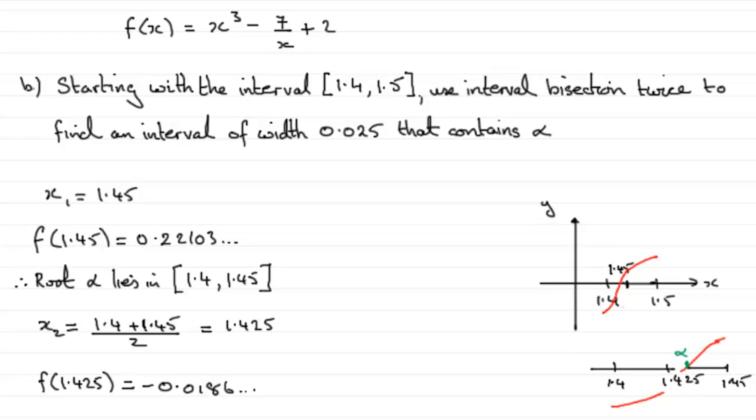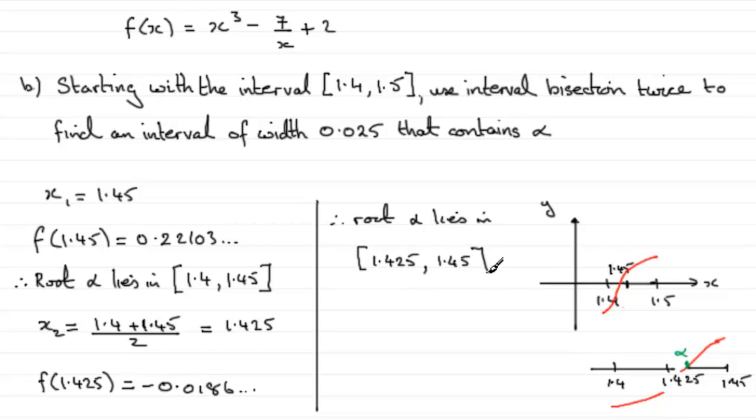Because of the change in sign, we can say that therefore root alpha lies in the interval 1.425 to 1.45.